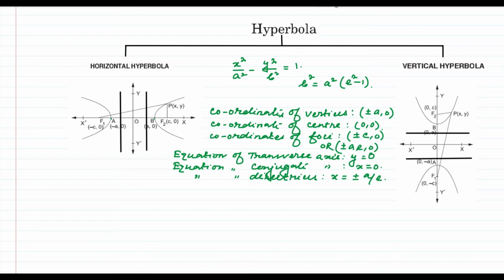So the coordinates of the foot of the directrices are plus minus a by e comma 0.